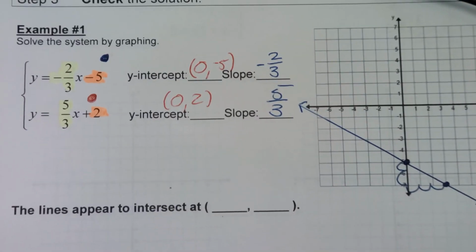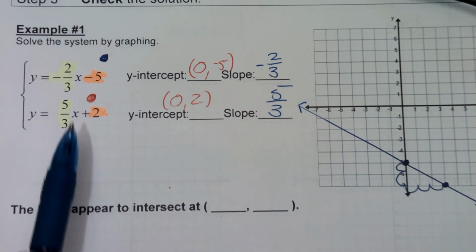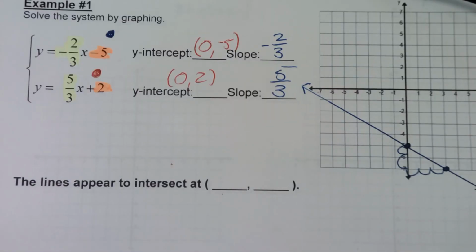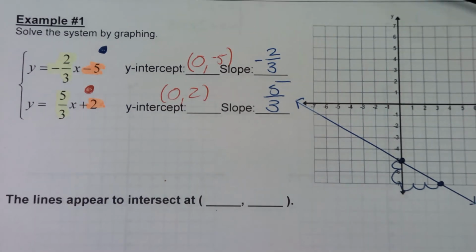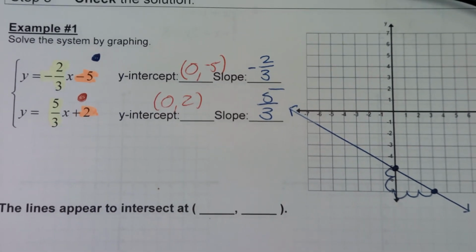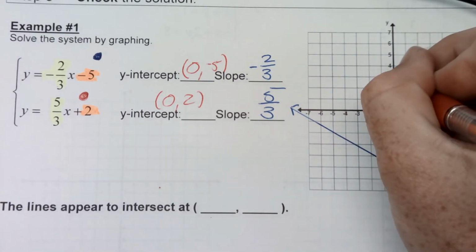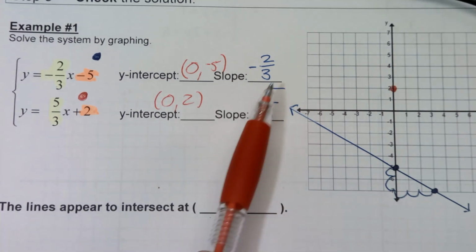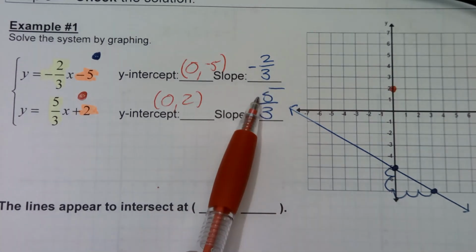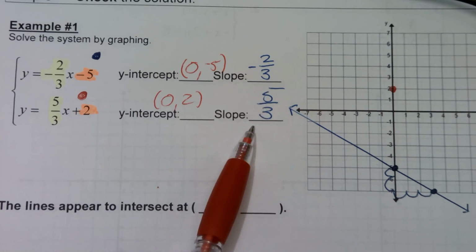My second line I'm going to graph is this bottom one here, in red. It's 5/3 x plus 2. So I go to plus 2 on the y-axis. I start right there. Then I go up 5 spaces and to the right 3 spaces because this is a positive slope. The number on top tells me how many spaces to go up, and the number on bottom tells me how many to go right.